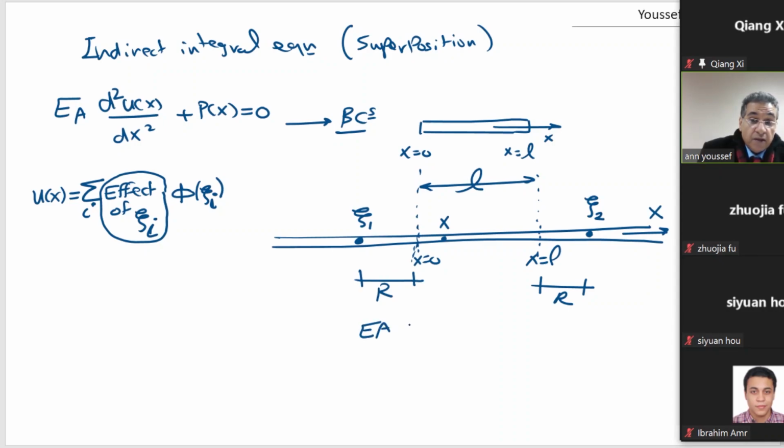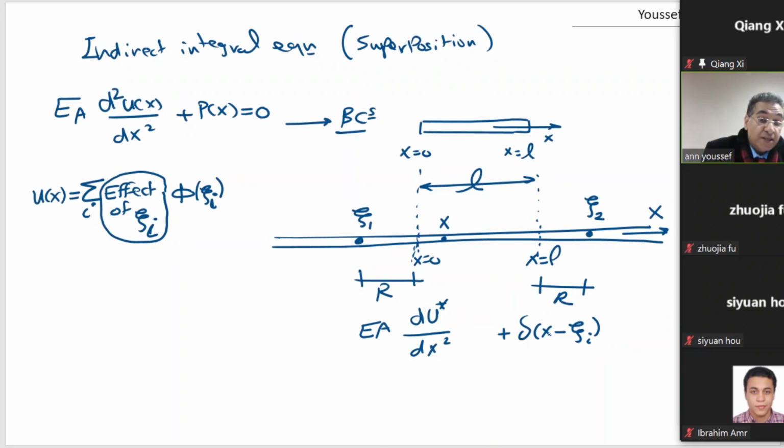EA times the second derivative of u star by dx squared, plus, instead of the load here, I'm going to put the Dirac delta at the point xi. I leave it as xi because it could be xi1 or xi2.